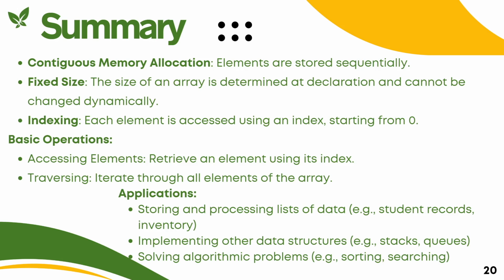If we want to implement other data structures which we are going to learn in future, like stacks and queues, then for implementation purposes also we may be using arrays. And for solving other kinds of algorithmic problems like sorting and searching, we will also be using arrays. So, in the next class we will be exploring other operations which we could do on arrays.